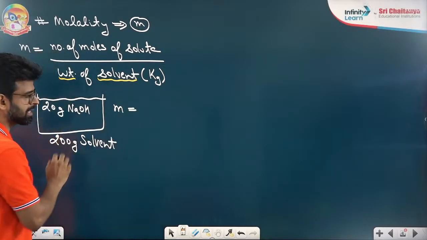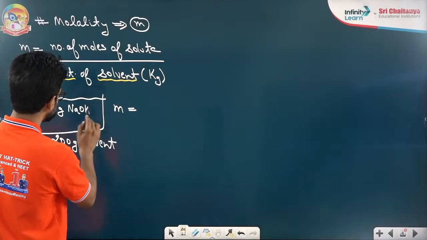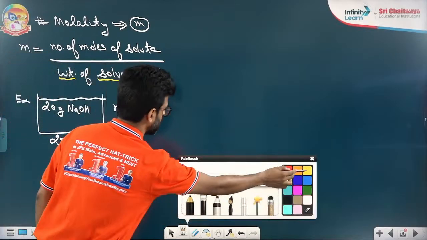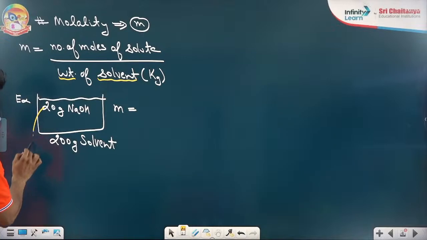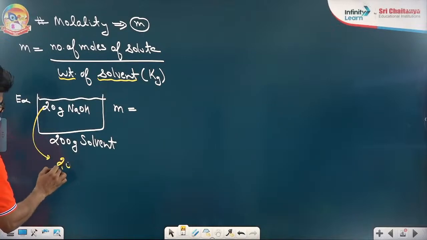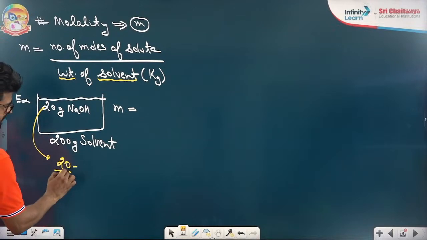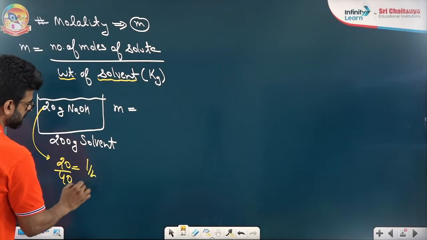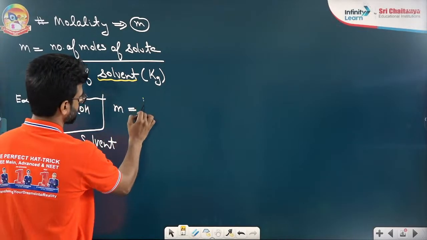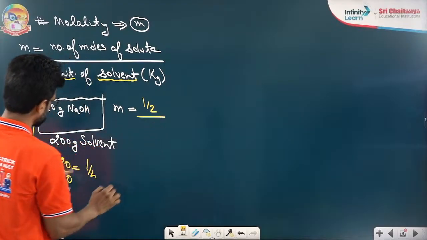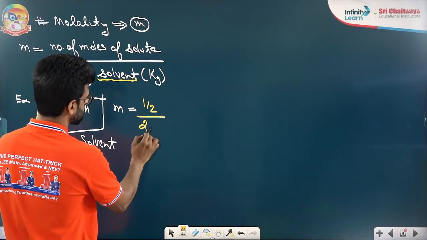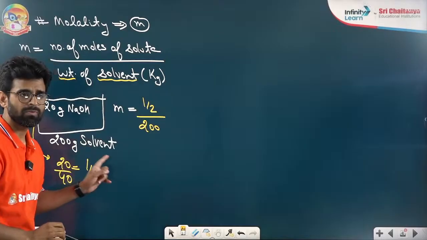First of all, we have to find the moles, right, beta? Mole of solute. So how many moles we are having here? Be careful. 20 by 40. First find the moles, right? What's coming? Half mole coming, 1 by 2 moles. So I'm taking here half mole, 1 by 2 moles divided by 200 gram of solvent.